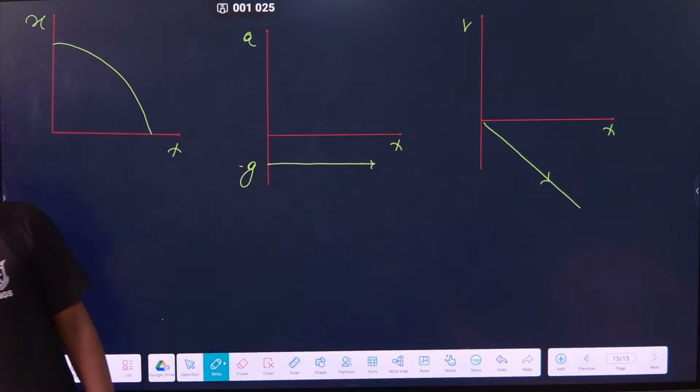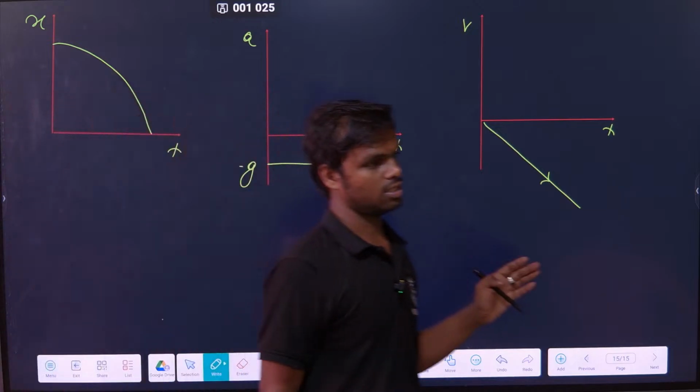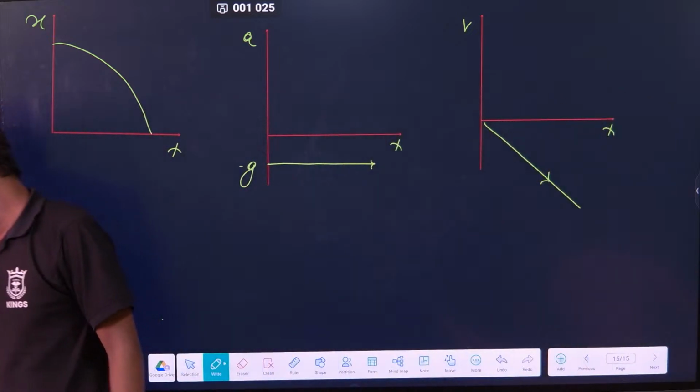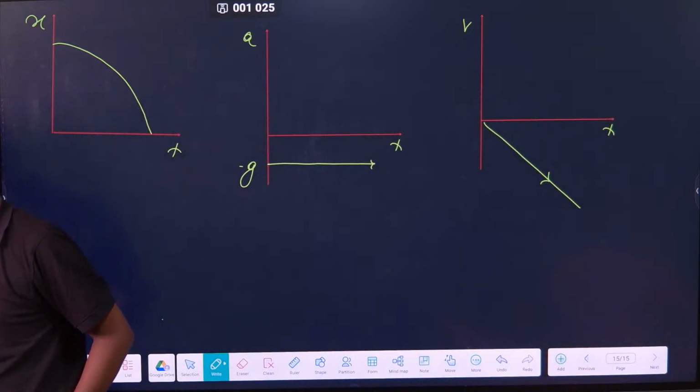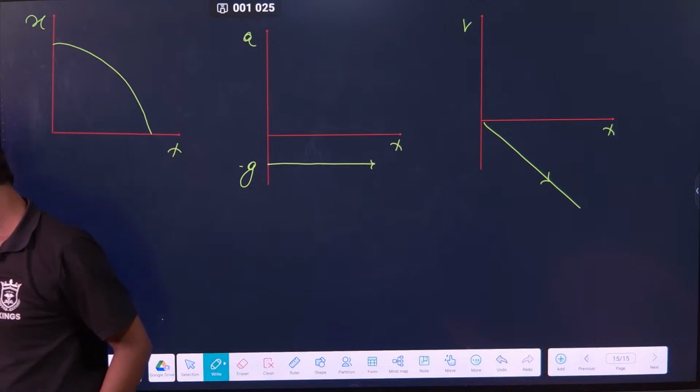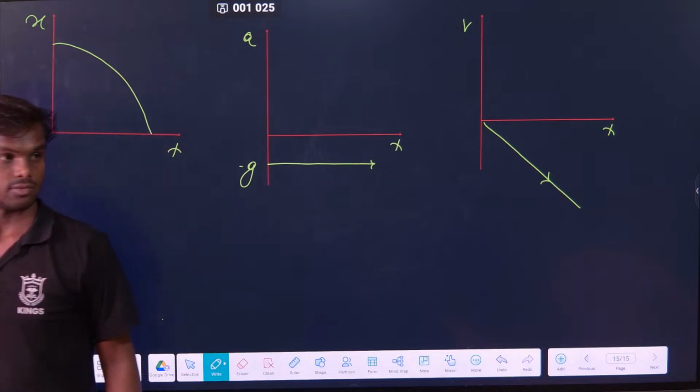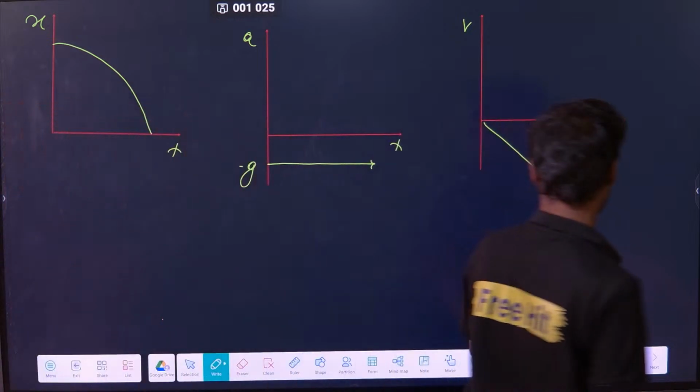So these are some important graphs you can draw in motion under gravity. Clear? Any doubt? Okay, let's take some other important points.